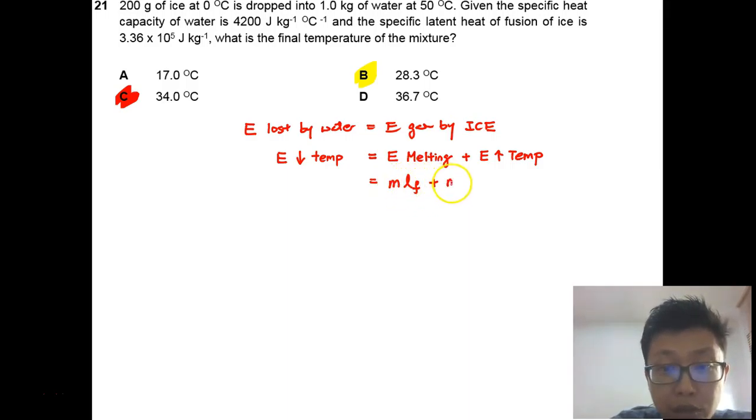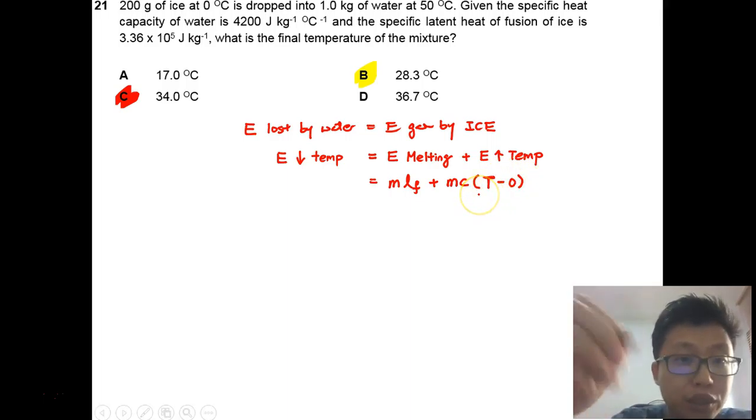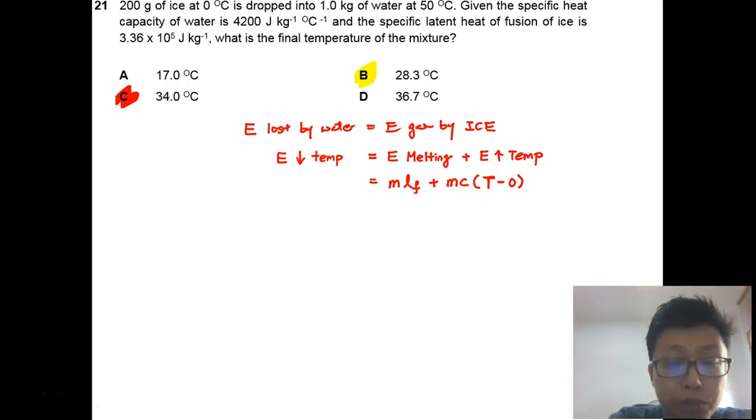Then after that, you will get the mass of ice multiplied by the heat capacity of water multiplied by the change in temperature. So the change in temperature is your equilibrium temperature, which is your final temperature, minus 0. I do not know what this final temperature is, therefore I must give it an algebra.